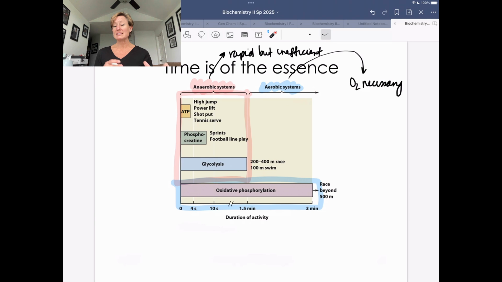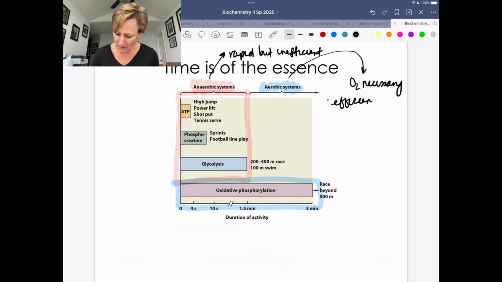Once we move into the aerobic pathway, we become not only efficient, but all fuels become available. And here's why.